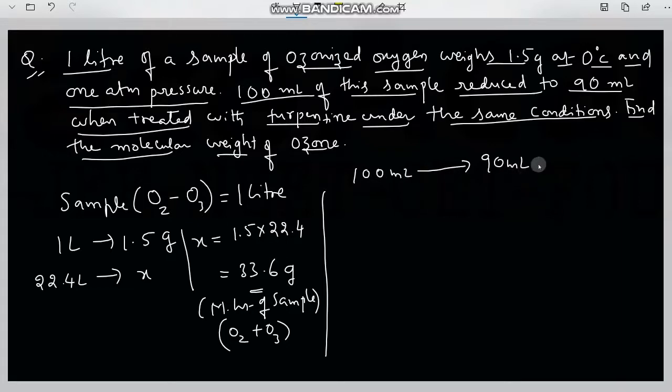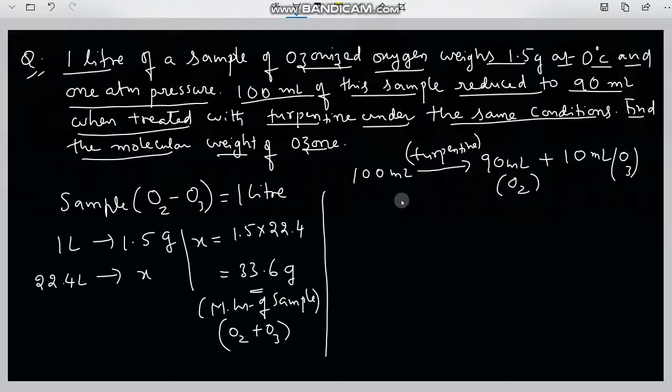That 10 ml we can definitely say is ozone, and the remaining 90 ml will be O2 when we treat this with turpentine oil.